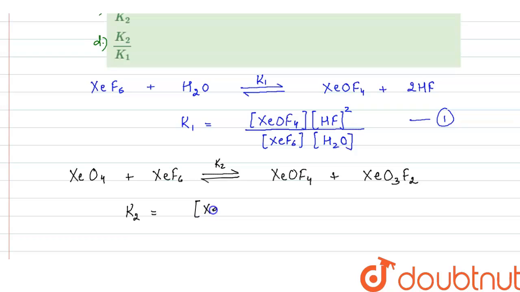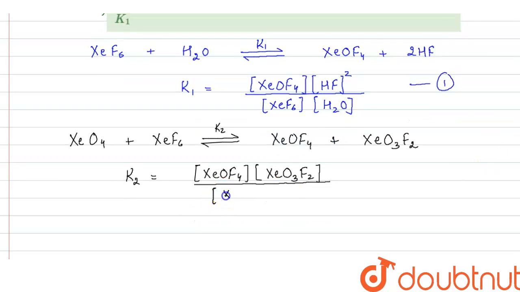So we have concentration of XeOF4 into concentration of XeO3F2, divided by concentration of XeO4 into concentration of XeF6. So this is the expression for K2. Let this be expression 2.